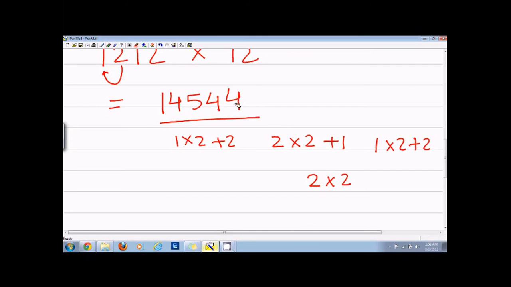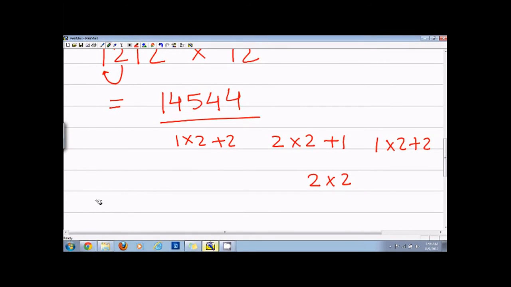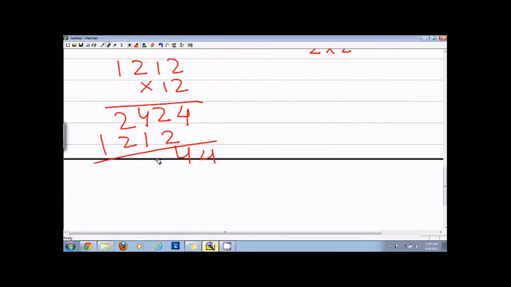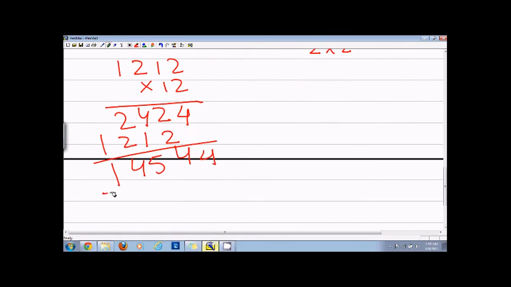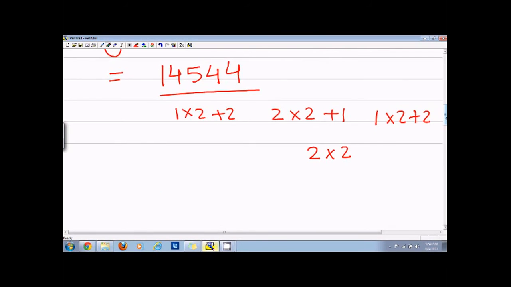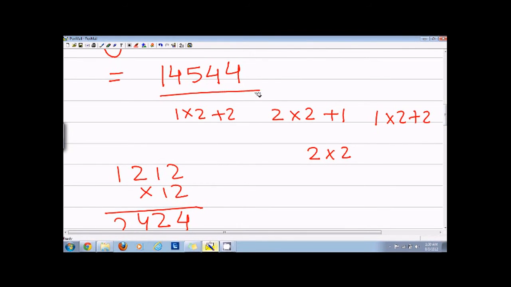I can check if my answer is correct. I'll say 1212 into 12, and that will be 4242 and then 2121. The addition is 14544, and that is the answer.